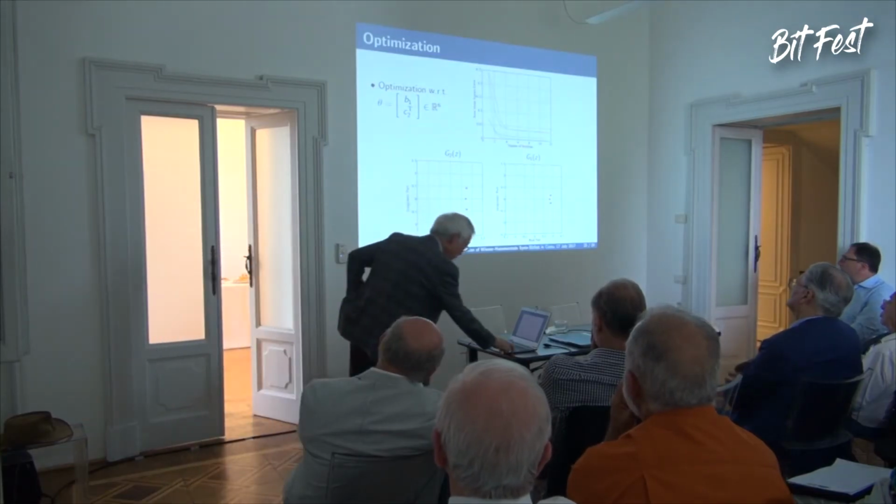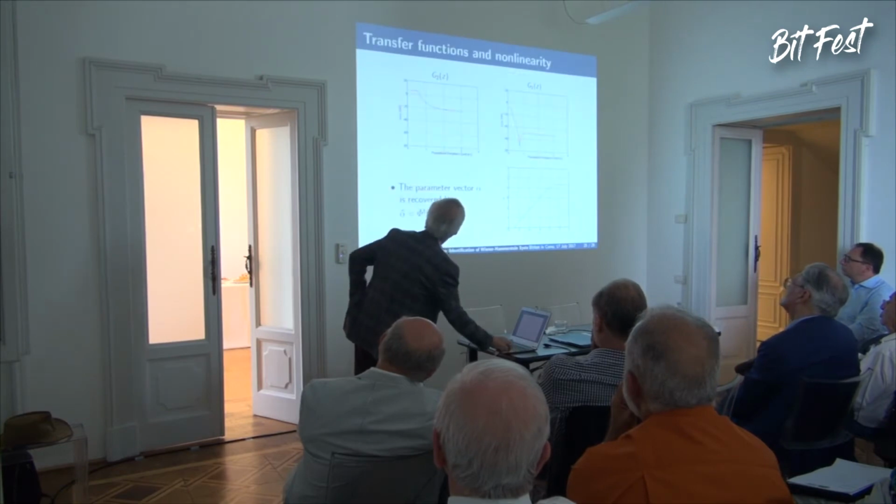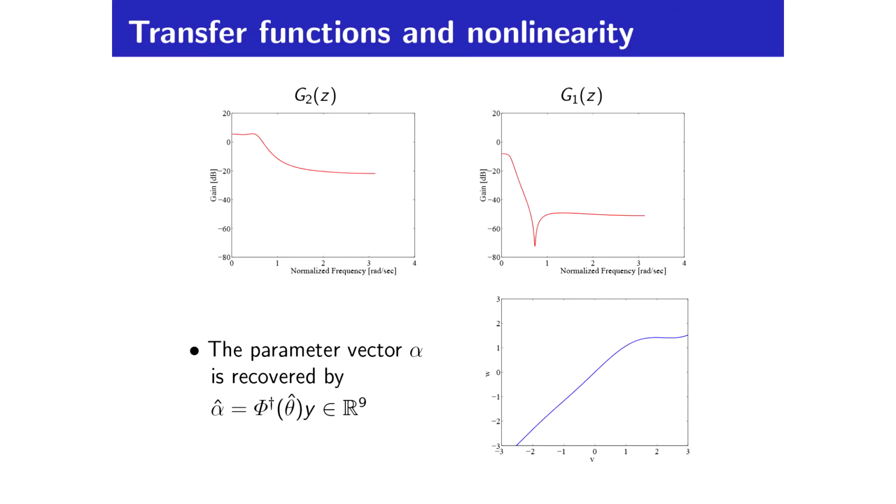And this is the Bode plot of the gain of the linear system. We can adjust this gain a little bit, but this is the result I got without any modifications. And the nonlinear parameter that expresses the nonlinearity is recovered from this.